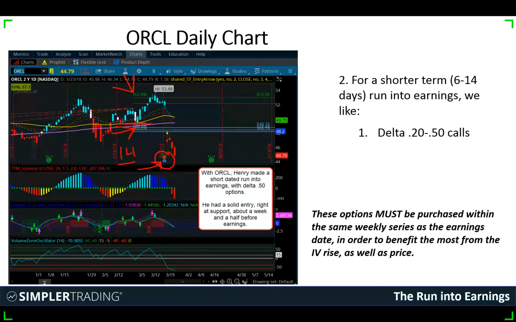When you guys ask me, hey, is it too late? Whenever I get a question, is it too late to get into this? The very first thing we want you to do is go to your daily chart and tell me where price is in relation to the moving averages.